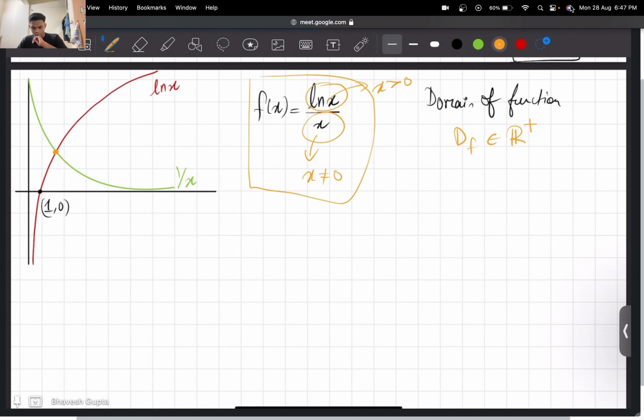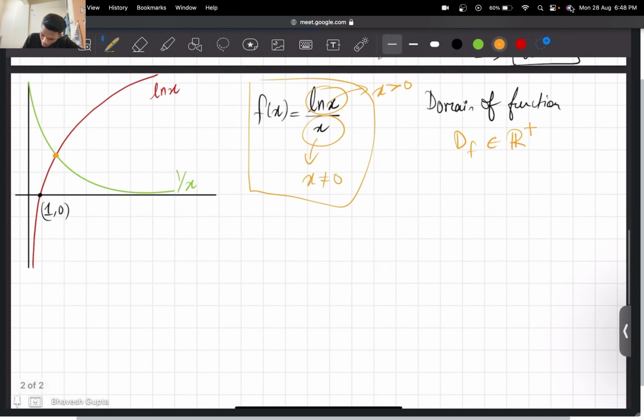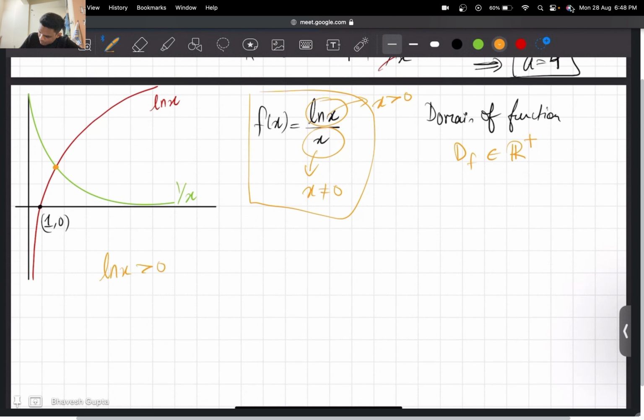So what do you see? My ln x is positive for x greater than 1, and my ln x is negative for x from 0 to 1.